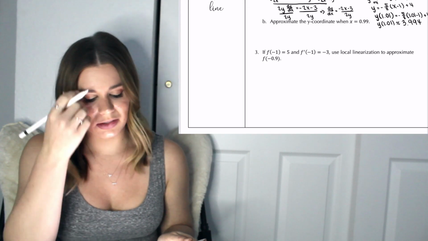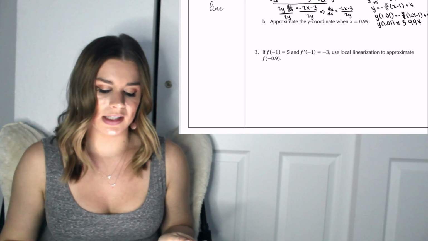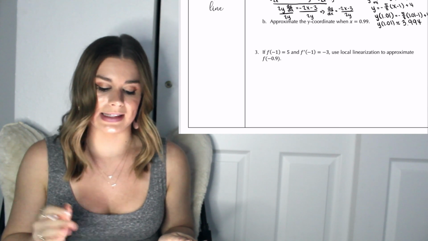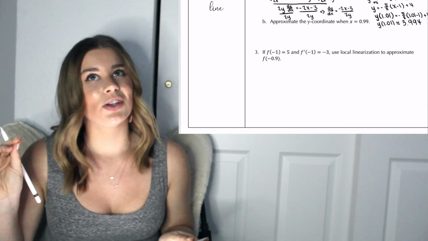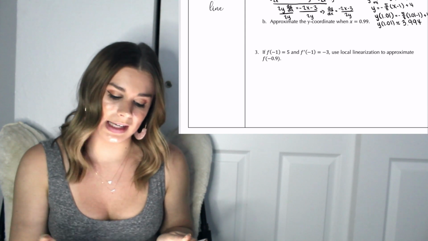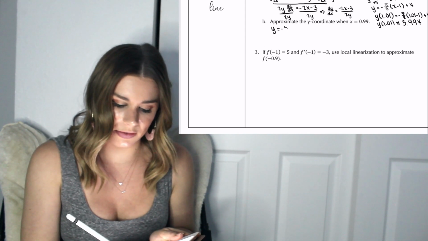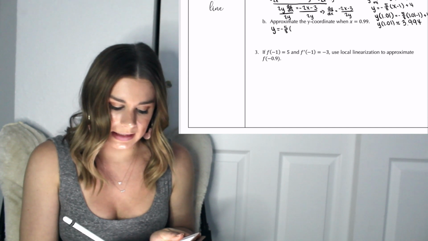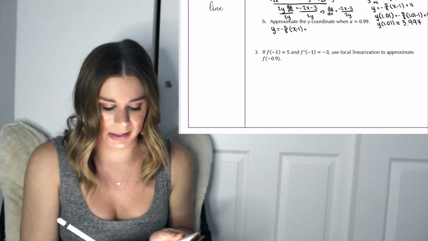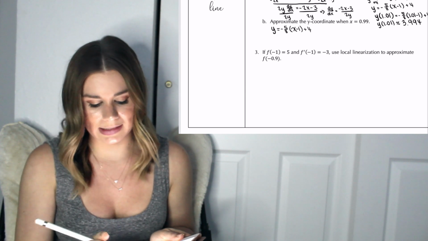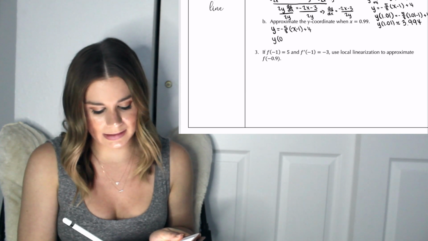Okay, so the next one says approximate the y-coordinate when x is equal to 0.99. So close to 1, so we can use the same exact equation. So we have y is equal to negative 5 over 8 times (x minus 1) plus 4. We're going to sub in 0.99 for x.